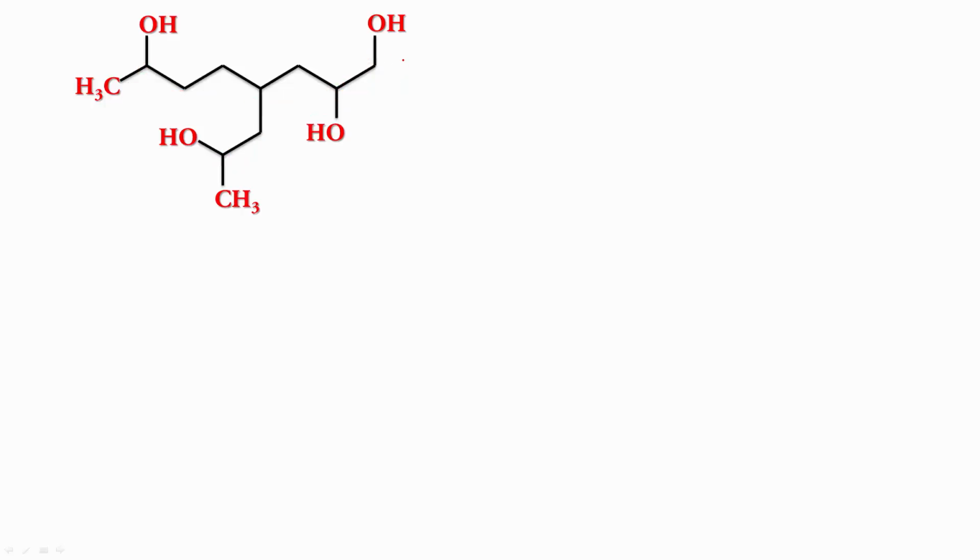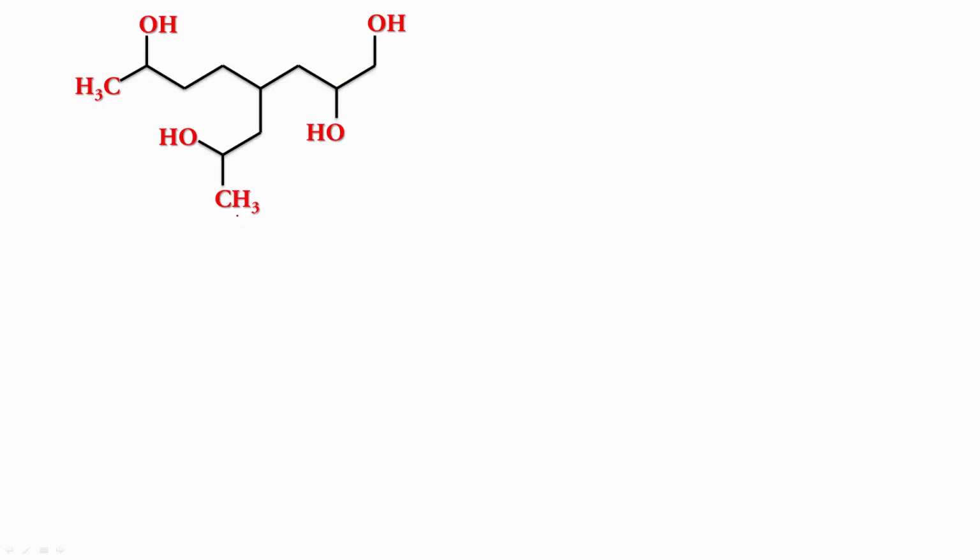So look for the carbon atoms: 1, 2, 3, 4, 5, 6, 7, 8. And if I do it this way, 1, 2, 3, 4, 5, 6, 7. So in one of them I get 8, in one of them I get 7. So I'm going to go for the 8.